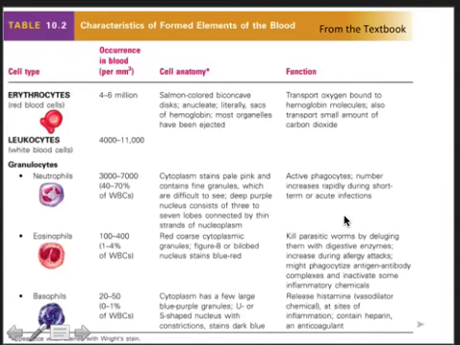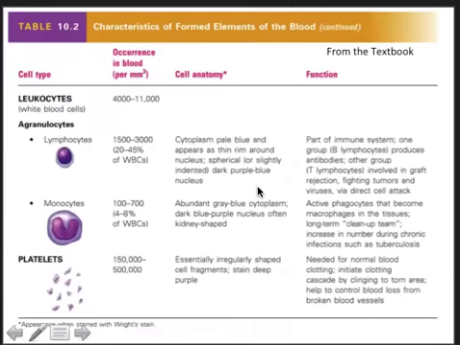Okay, so my advice to you is to very carefully study the material that's in table 10.2 and be able to recognize this if you see it on a PowerPoint or on a microscope slide. Okay, so that's 10.2. You can see here the different types of cells.